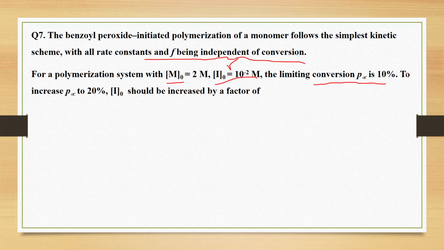Now they have asked to increase the limiting conversion to 20%. How much should you increase the initial concentration of monomer to get the P infinity value to 20%?